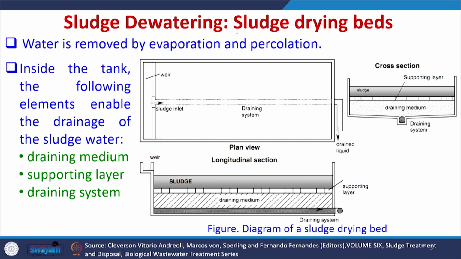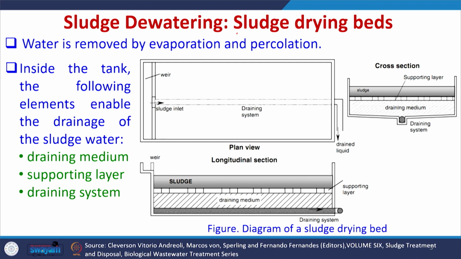So, now the sludge dewatering via sludge drying beds. We already studied yesterday that dewatering of sludge is very important and we should remove the maximum possible water, so that the transportation of the sludge becomes easy, and the processing of the sludge for disposal, etc. We get a lot of benefits if we can dry the sludge.